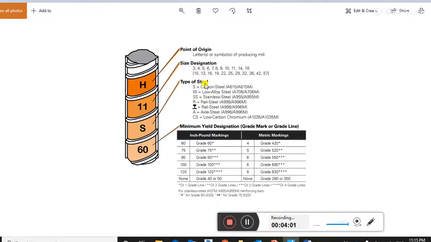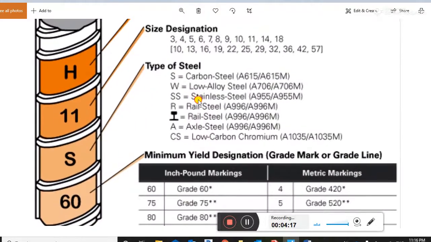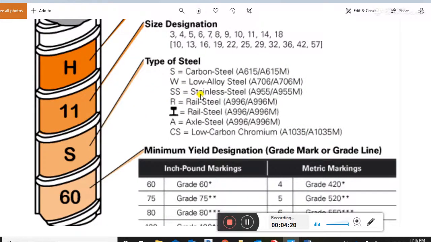Type of steel: this S shows the type of steel. S is carbon steel. LW is low alloy steel. This is the code. SS is stainless steel. RS is rail steel, used in the railway track, railway engineering.